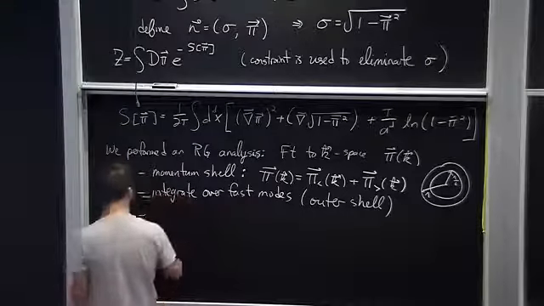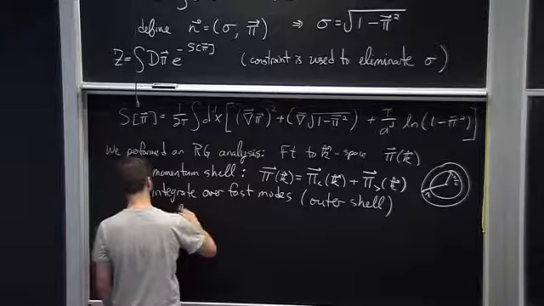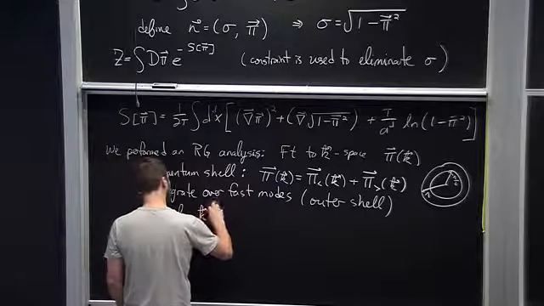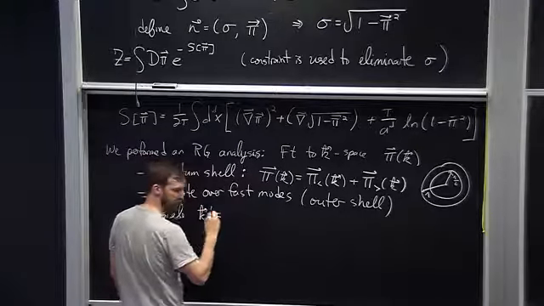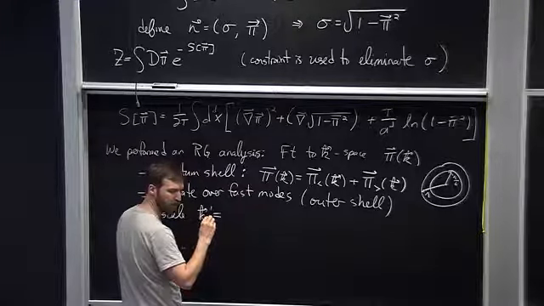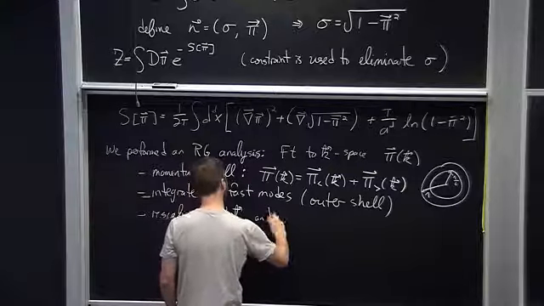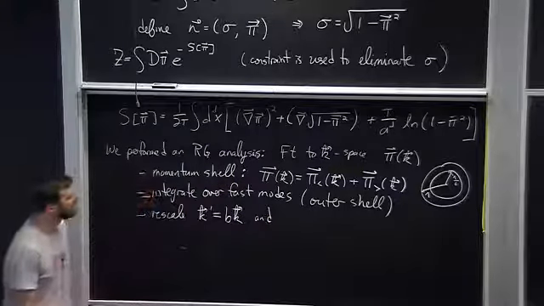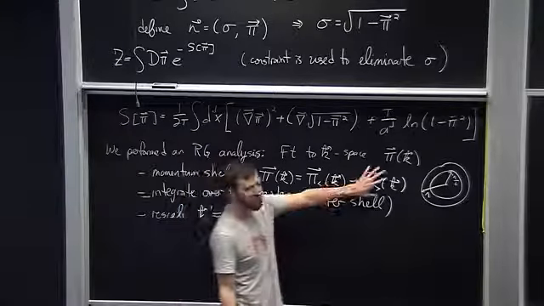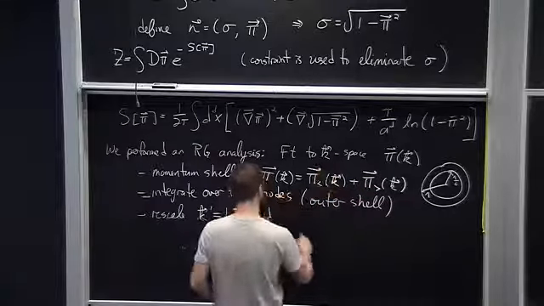So rescale: K prime is b K, or 1 over b? b. And we've integrated over all these fast modes, so what's left after the integration is the slow modes.